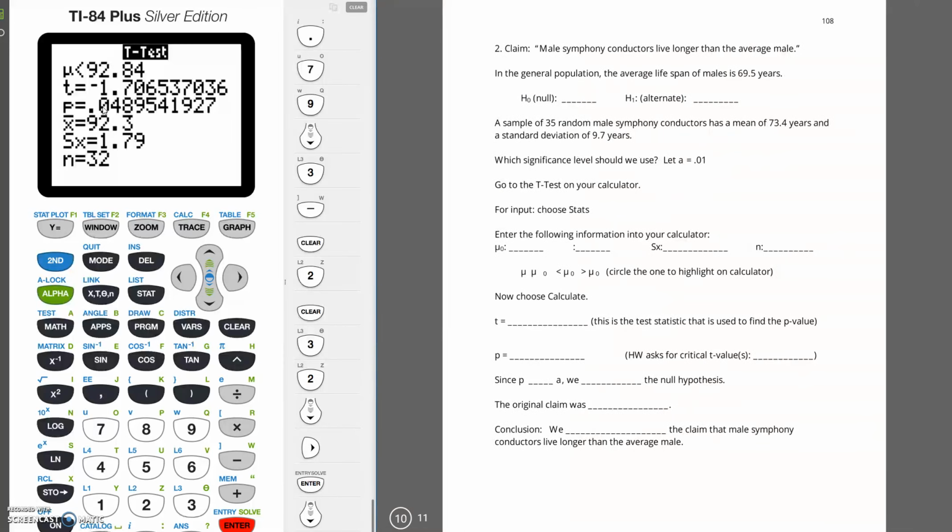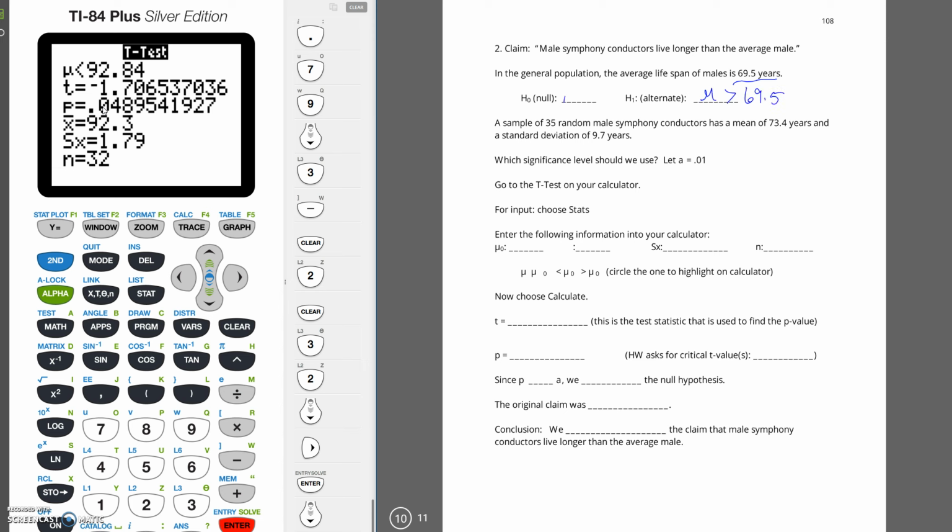So we're going to do another example here. Our other claim is that male symphony conductors live longer than the average male in the general population. In the general population, the average life span of males is 69.5 years. So our claim is that symphony conductors' average life is greater than 69.5.